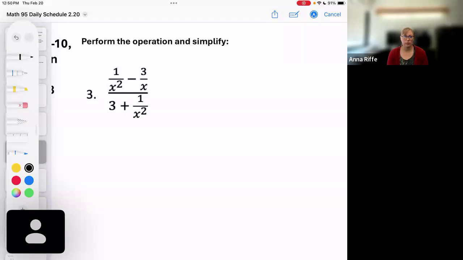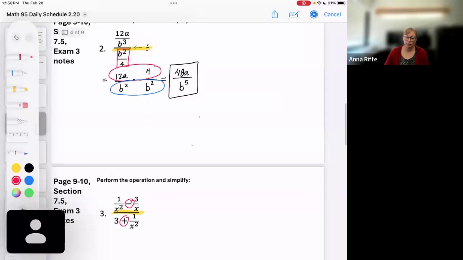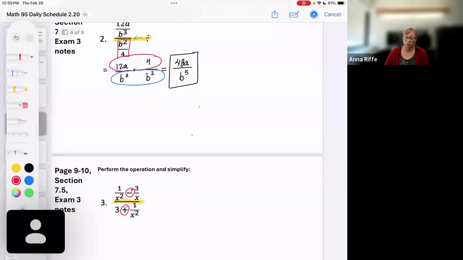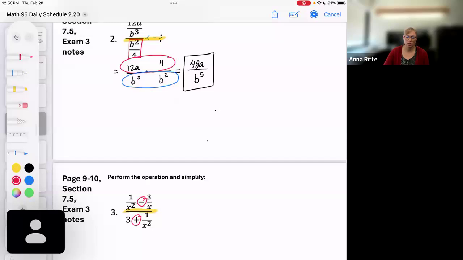What if we are faced with an expression that looks like this, where we have a combination of division, so that fraction line means division, and then we also are throwing in some addition and subtraction. We do want to lean on what we did above and note that we can change division of a fraction to multiplication, but that only works if I have a single fraction, top and bottom.